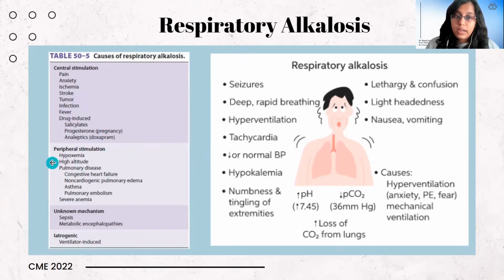Okay? Then you have peripheral stimulation. So hypoxemia, high altitude. When you mentioned height, it's difficult to breathe because of the partial pressure in that air. As you go up in height, the oxygen saturation of the air keeps decreasing because the pressure is decreasing. So because there is less oxygen at height, your body needs that oxygen. So it ventilates, it increases the respiratory rate to take in more oxygen.